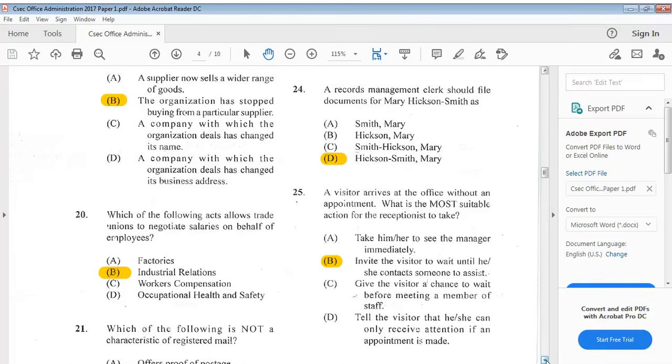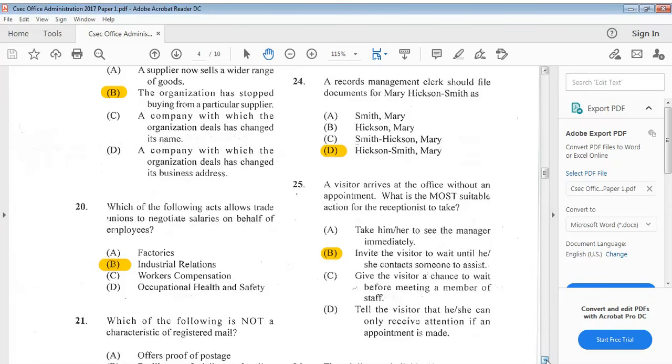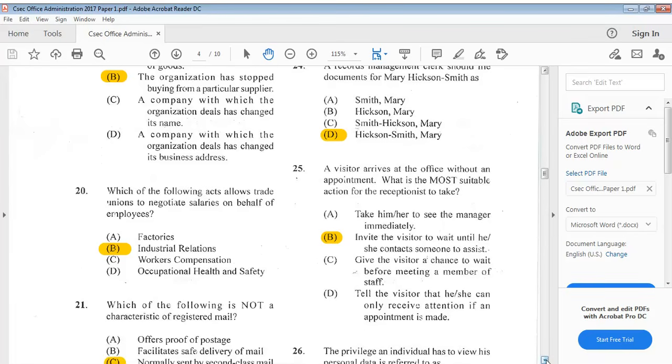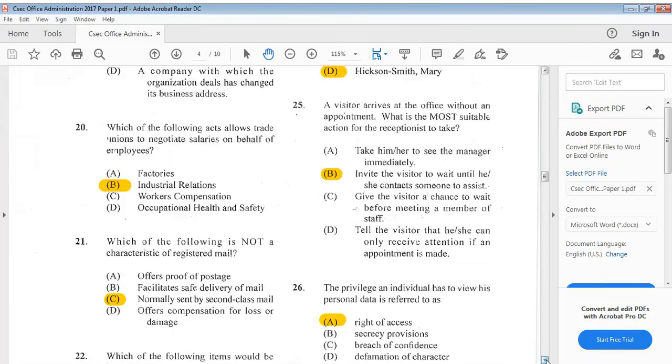Or D. Tell the visitor that he or she can only receive attention if an appointment is made. We know the most suitable action that a receptionist would need to take is to invite the visitor to wait until he or she contacts someone to assist. Right? That's what the receptionist would do.